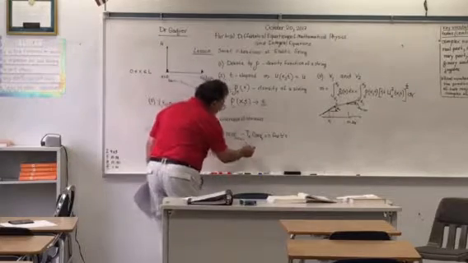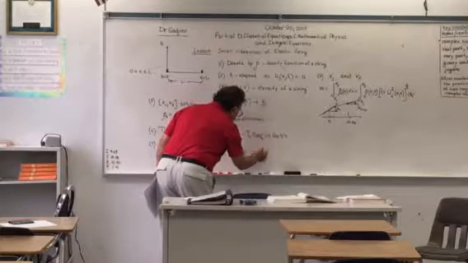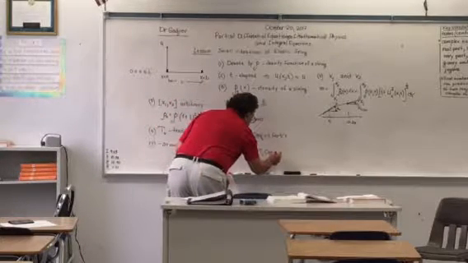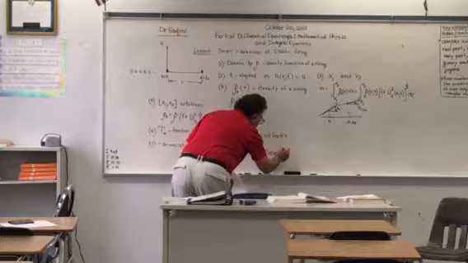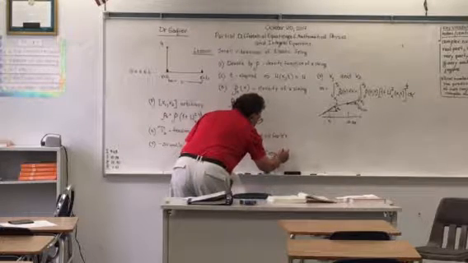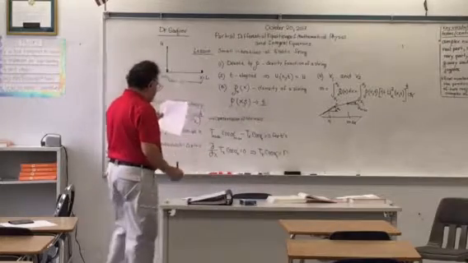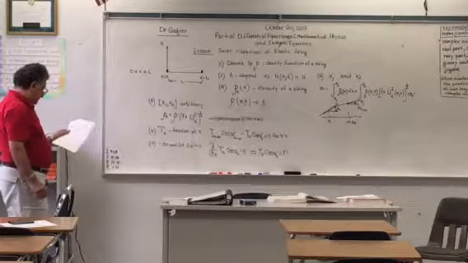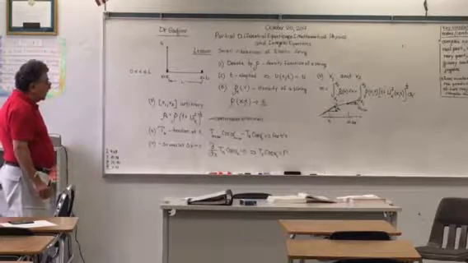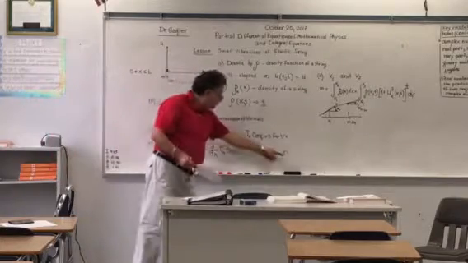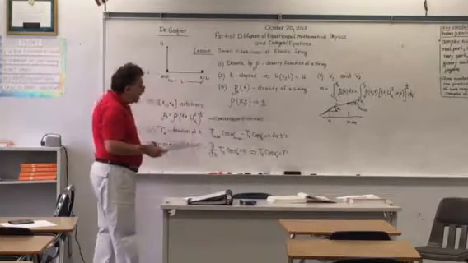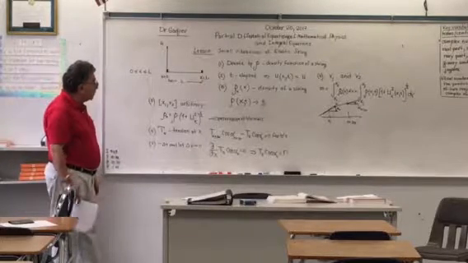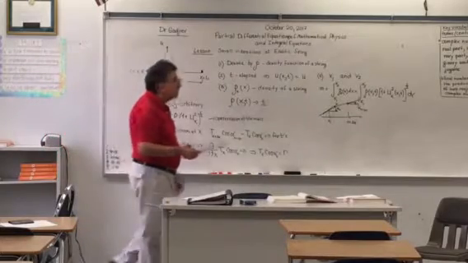Also, we can denote T of x cosine alpha of x by the letter r, and this r is a constant. So if this is a constant, then T is the magnitude of the horizontal component of the tension of the string.